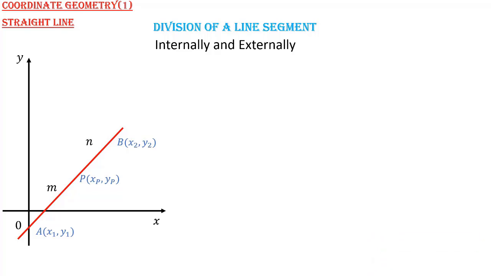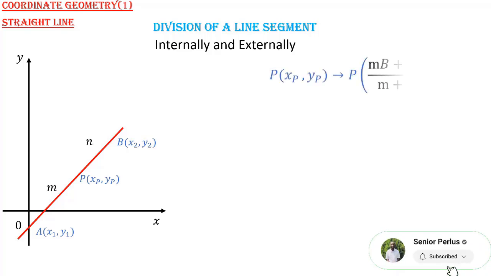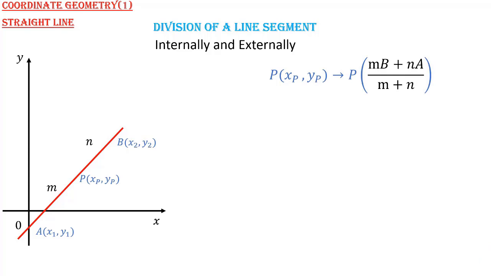So we will multiply the m by the B and the n by the A. Then we will divide it by m plus n for internal. So our P(xp, yp) is mapped to P, m times the B plus n times the A out of m plus n. That's what I said.